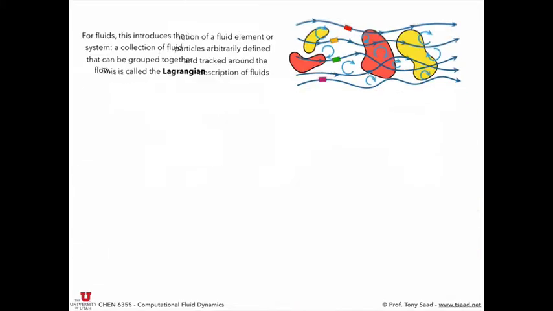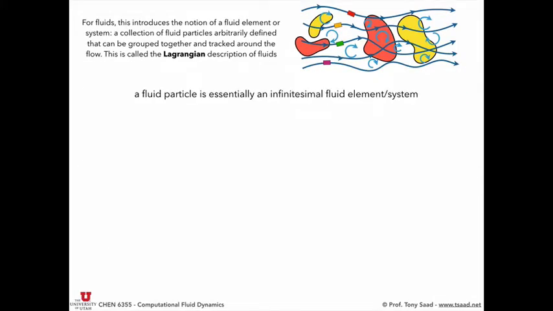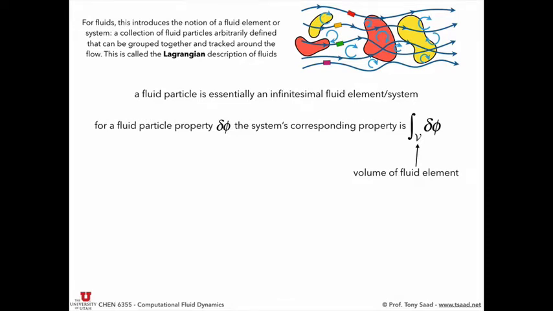Okay, that's really great. Now, I just want to reinforce the point that a fluid particle is essentially an infinitesimal fluid element or system. And for a fluid particle, we're going to define properties just by using the nomenclature delta phi, or whatever that property is. So if this is a little fluid particle, we're going to assign it a property. This could be mass, for example.